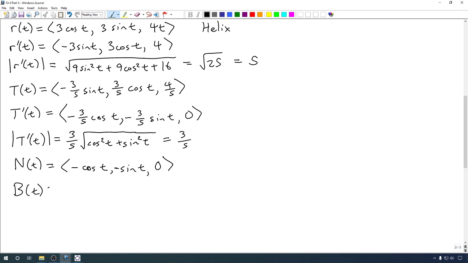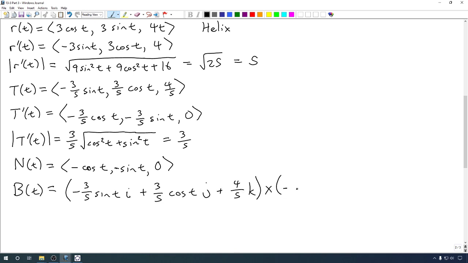So remember, B of t is just going to be the cross product of what we already have. So T is negative 3/5 sine t times i, plus 3/5 cosine t times j, and then 4/5 times k.